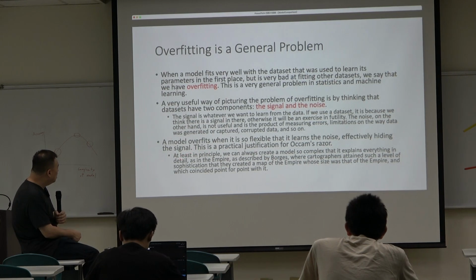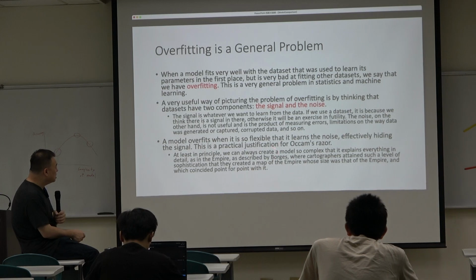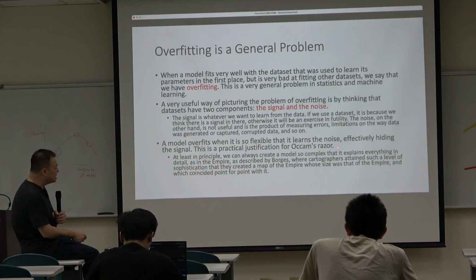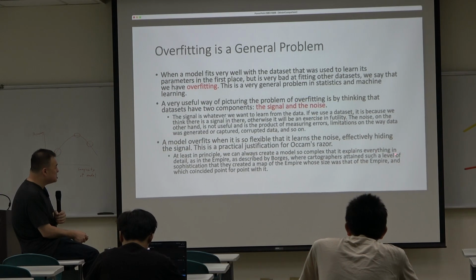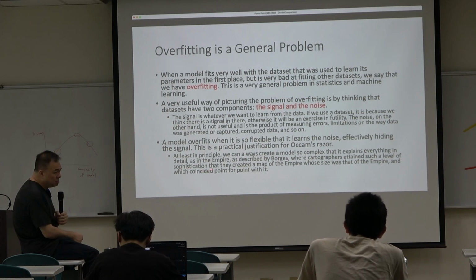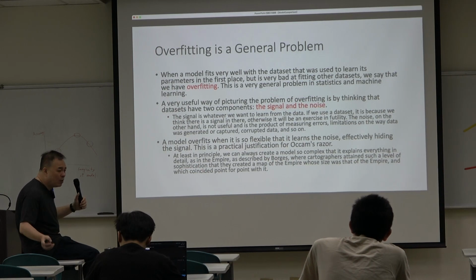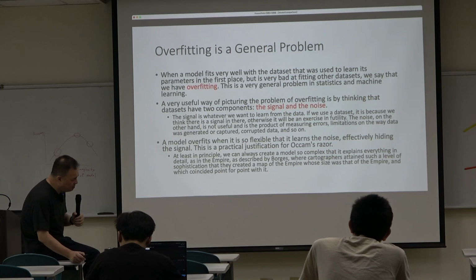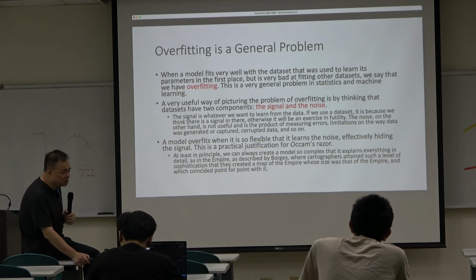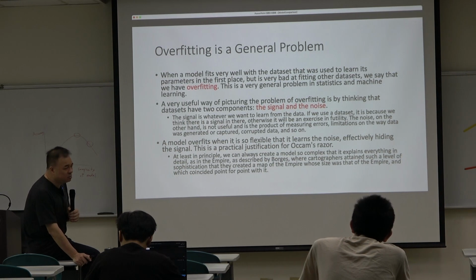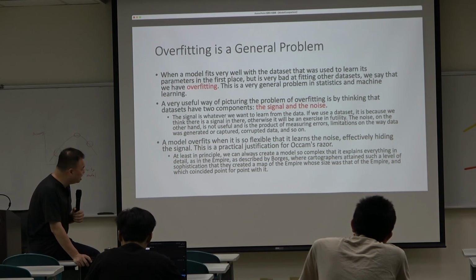In principle, we can always create a model so complex that it explains everything in detail. If you have a data set with 100 data points, we can have a model with order 99, so that we can capture every detail.